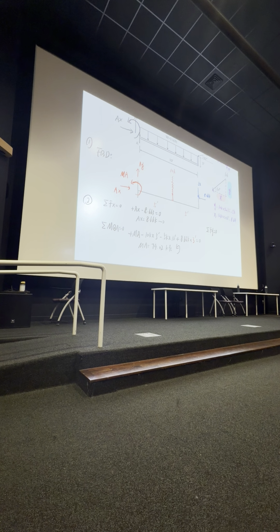Oh, you have a question? Here, and also you have sigma Fx. Why is it F? F means force. F is just force. So Fx means force in the x direction.